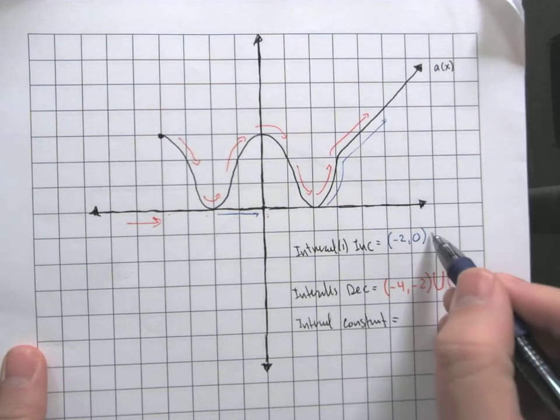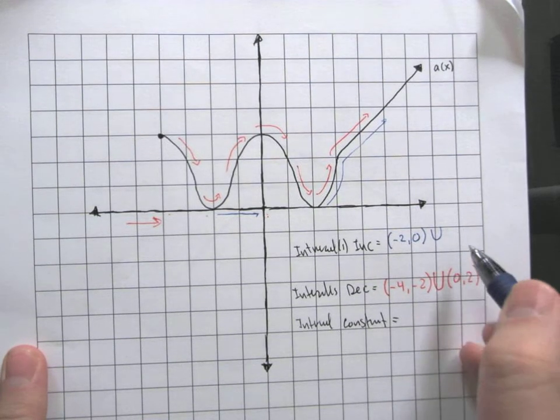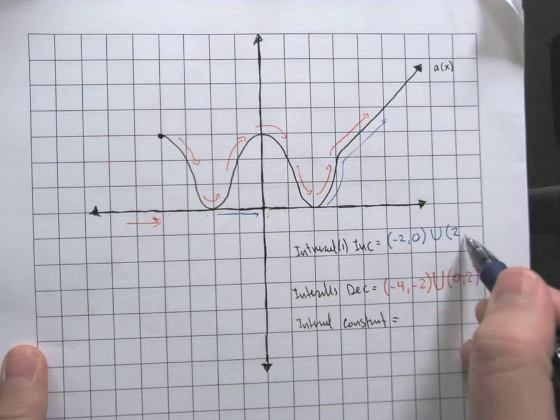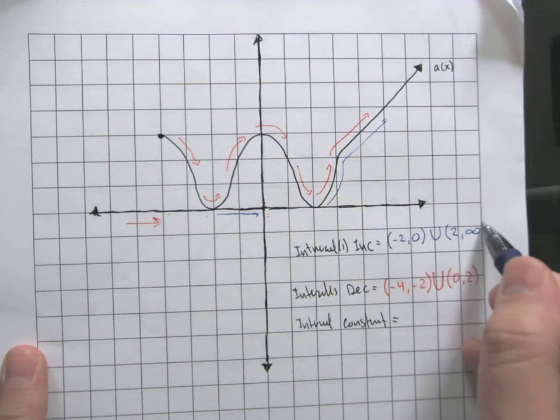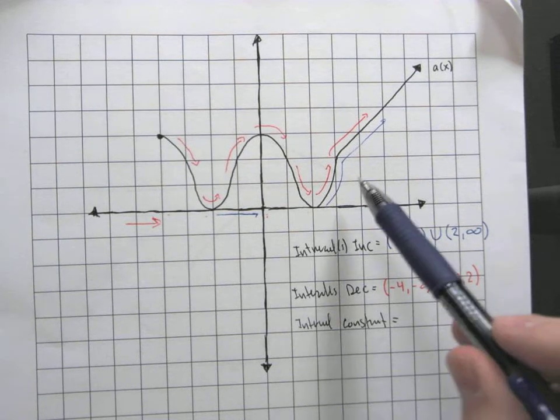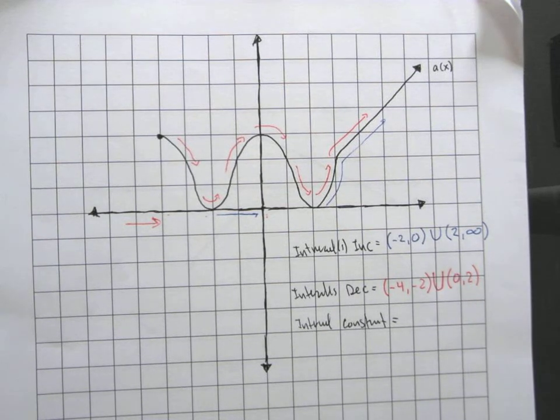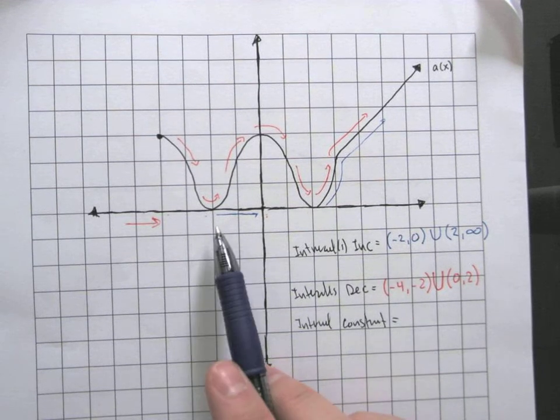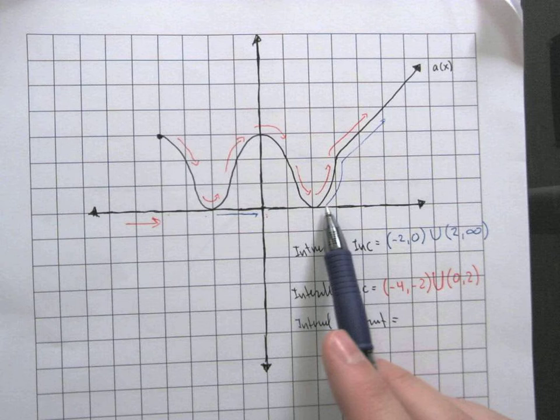So starting at positive 2 in the x's, we assume that happens all the way out to infinity. This behavior just keeps going up and up all the way to infinity. So intervals increasing: negative 2 to 0, this section here, and then from positive 2 all the way out to infinity.